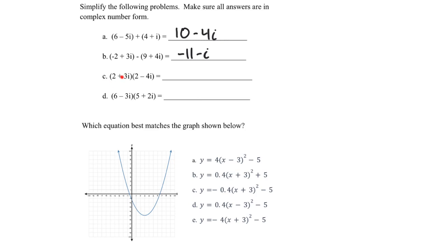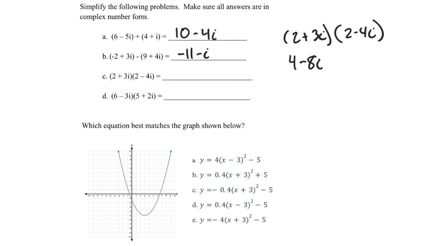Then on the multiplication, you've got to FOIL these out because you're multiplying binomials. So I'll do this first one over here, 2 plus 3i times 2 minus 4i. Multiply those together, and I get 2 times 2 is 4. 2 times negative 4i is negative 8i. Now I've got to distribute the 3i.